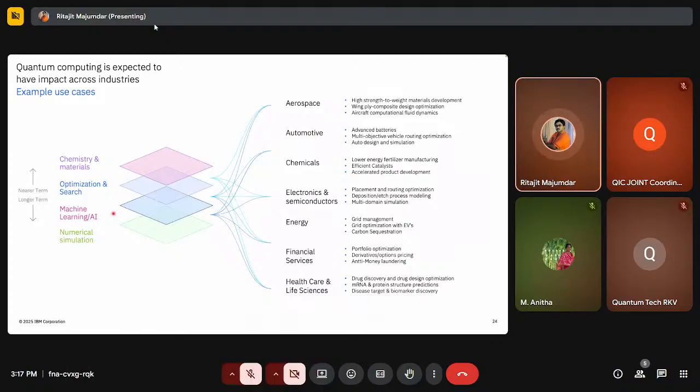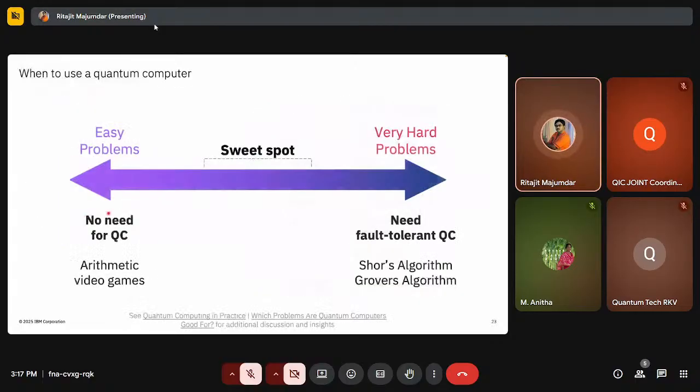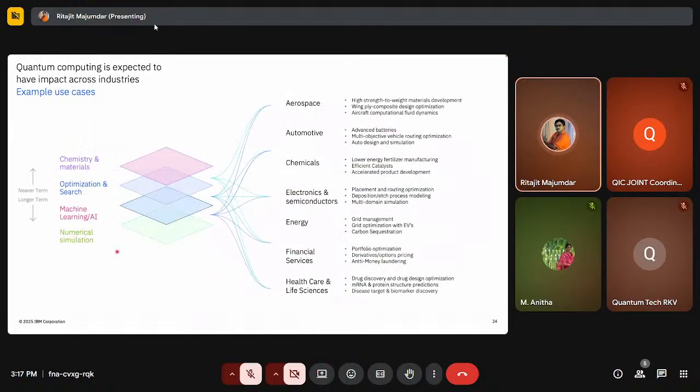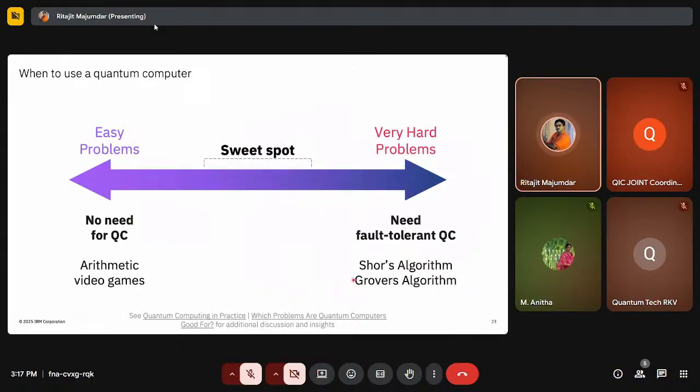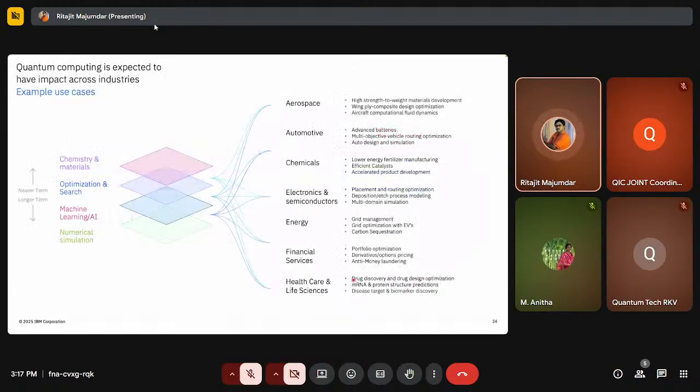Maybe quantum machine learning can do a lot of things beyond what the traditional methods can do, but definitely not at this moment. And finally, numerical simulations like Shor's algorithm are far apart. So if you are getting started, it is best to focus your attention here.